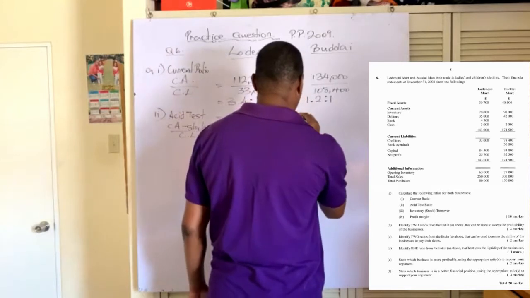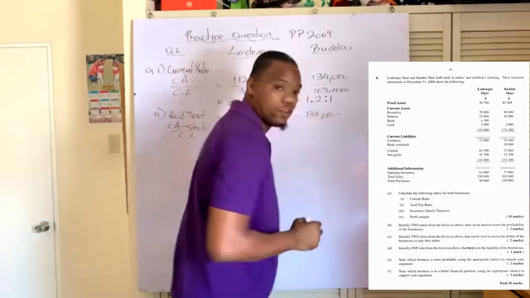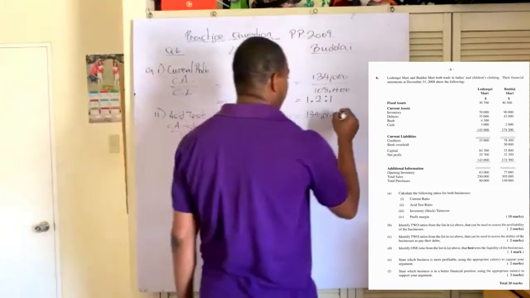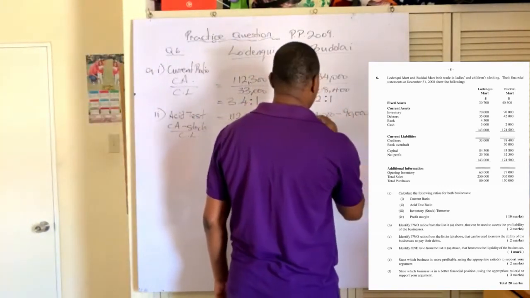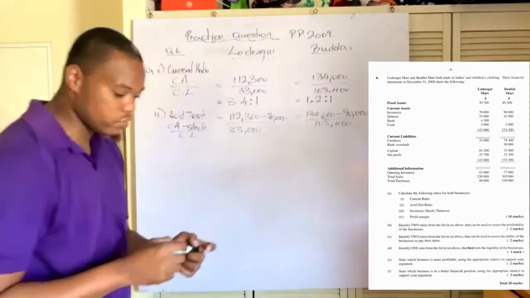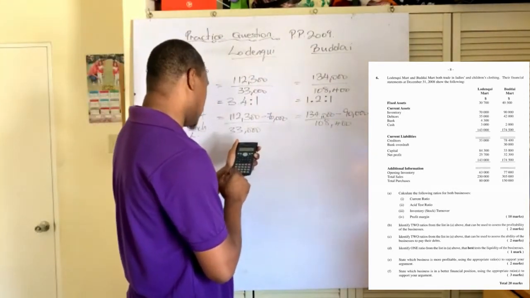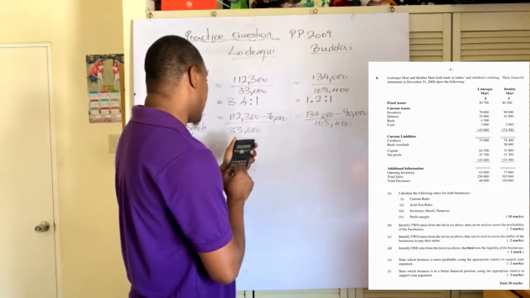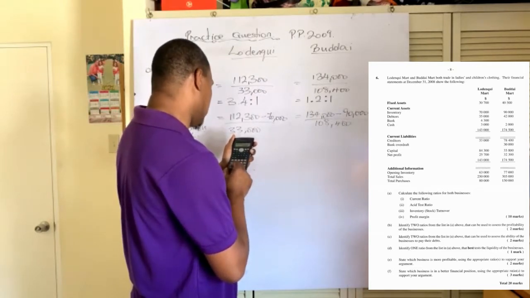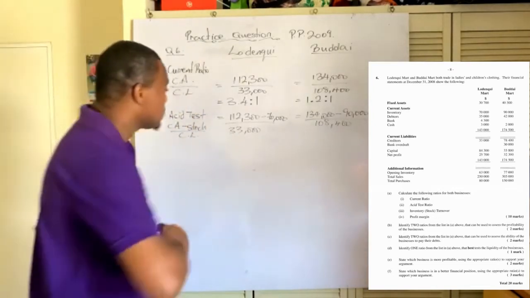And for Budai, it is 134,000 minus the closing stock of 90,000, divided by 108,400. So all we need to do now is work that out. Get the calculators. 112,300 minus 70,000 equals 42,300, divided by 33,000. This is 1.3 to 1.